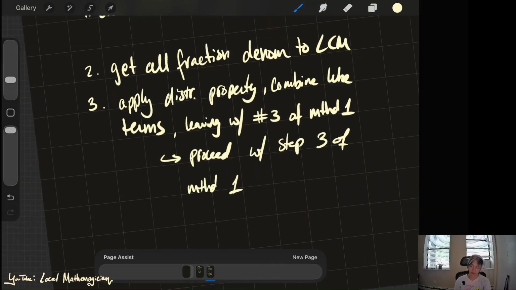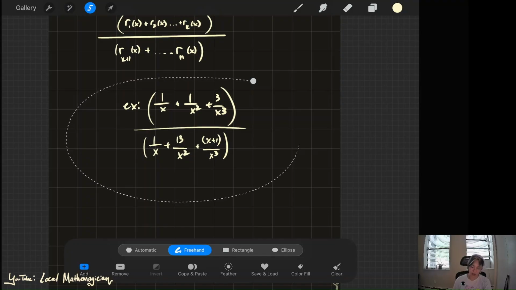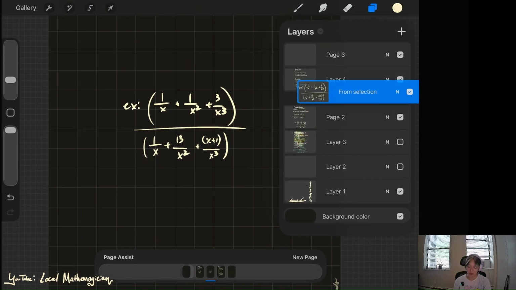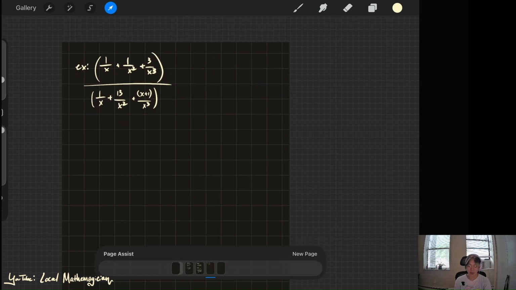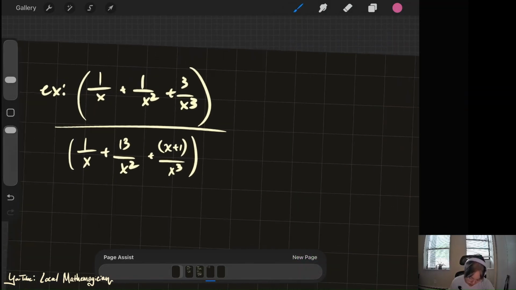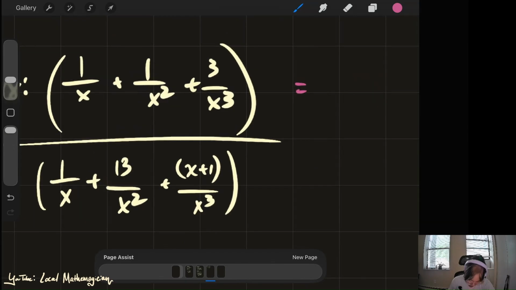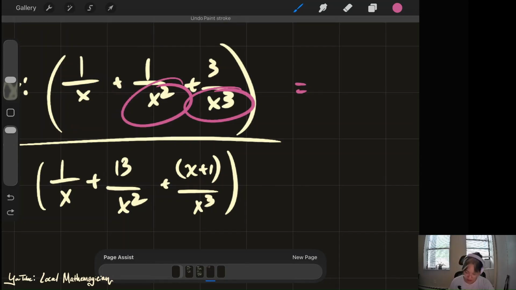Ready? Okay, so if we use this guy, actually, it's a very good one, if I say so myself. I made it up. I don't know what to tell you. So method 1 is you turn the top and the bottom into, instead of 3 different fractions on top and 3 on the bottom, you just do one of them. Okay. So I see that this is an x cubed, this is an x squared, and this is an x to the first. We want x cubed. That's easy enough.